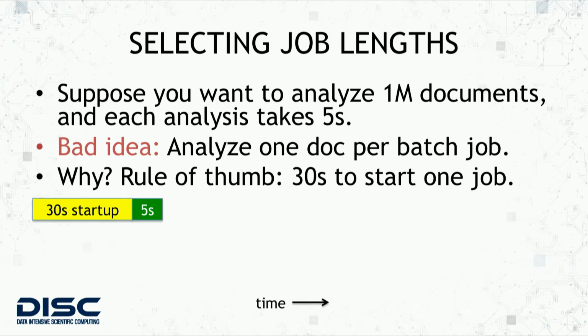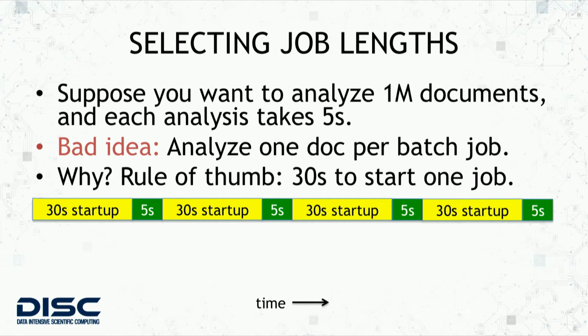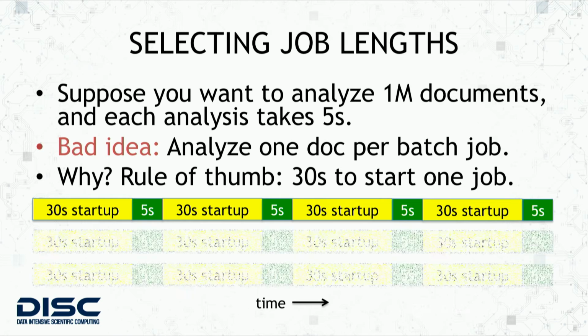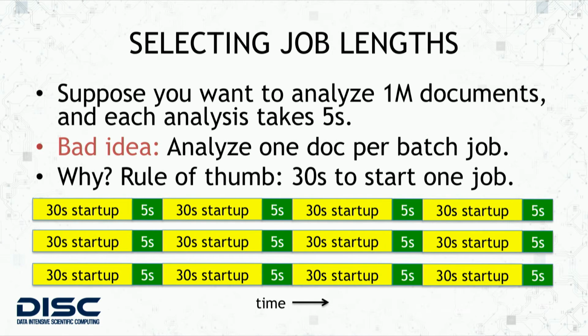It computes for 5 seconds and then it's done. Then we want to run another job, and that takes 30 seconds to start up and then 5 seconds and it's done. And we keep on going like this, and you'll see that we're spending most of our time waiting and not actually doing computing. And of course, if I'm doing this on a large number of machines, then I'm wasting a whole lot of machines that other people could be using.